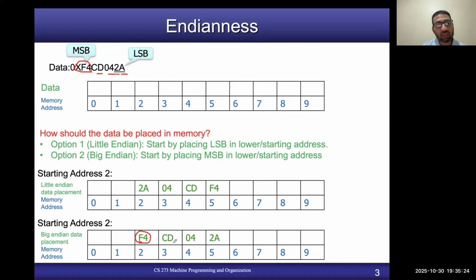Then at address 3 we will have the next byte, CD. At address 4 we'll have byte 04, and at address 5 the least significant byte 2A. So the difference is that in the little endian approach, the least significant byte goes to the lowest or starting address, while in the big endian approach, the most significant byte goes to the lowest address.